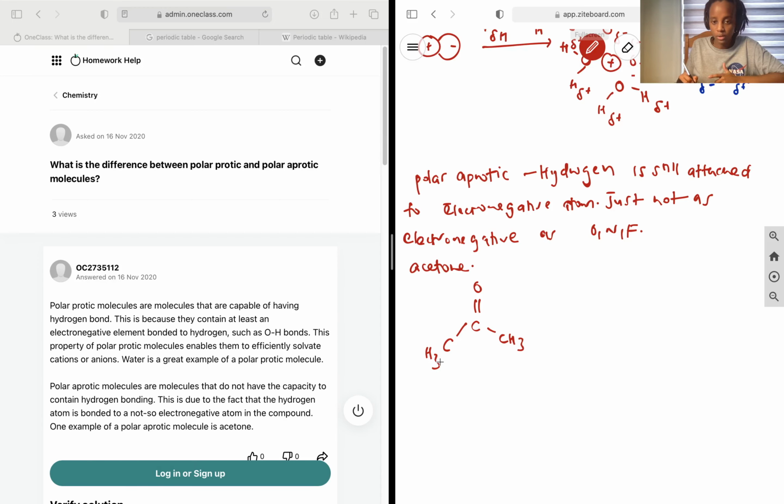Yes, hydrogen will still have a partial positive charge, and carbon will have a partial negative charge, but not strong enough that it would lead to characteristics like this. It would be slightly weak and rely on other interactions like dipole interactions and van der Waals forces in order for things to happen in reactions.